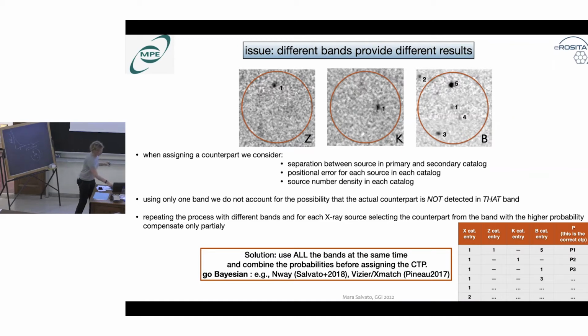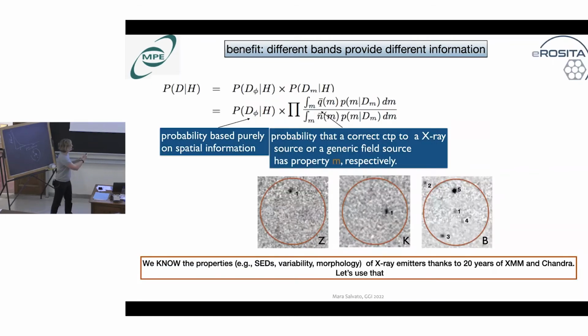However, what is nice with the Bayesian approach, as you know better than me, is that you can multiply different probabilities. So what we are doing now is not only taking into account the spatial distribution of the objects, we can also multiply by the probability that an object has a certain property. The properties can be defined taking into account whether the object is visible in Z band, not in K, and in B band.